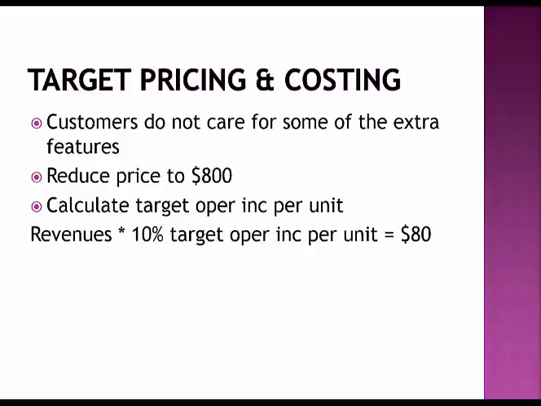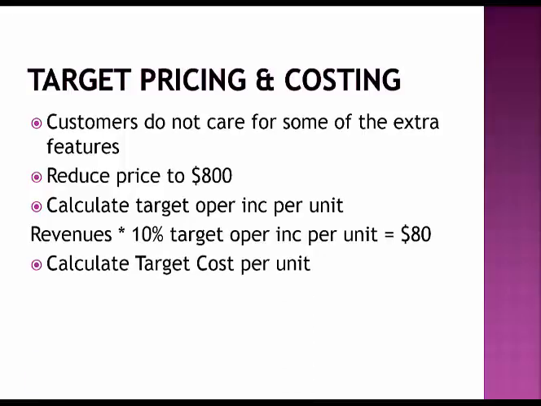Okay, so $80 out of $800 is our target operating income. So that means that the remaining 90% are our cost. And we're not just talking about the cost to manufacture, we're talking about all of our costs, the long range version, okay, where all of those costs are relevant.